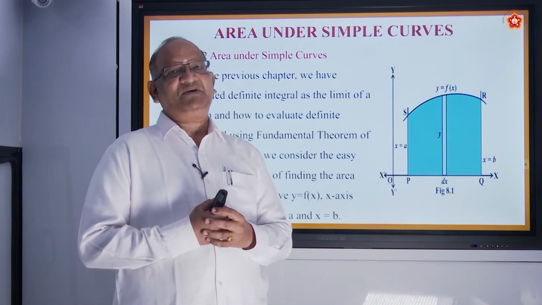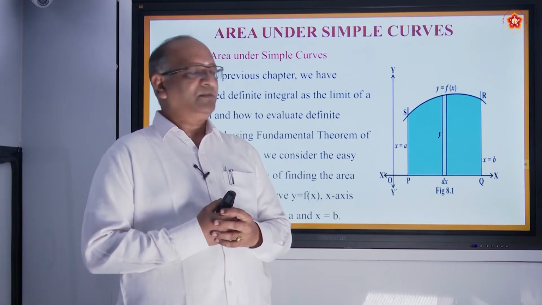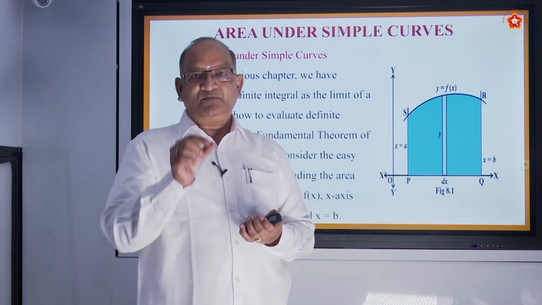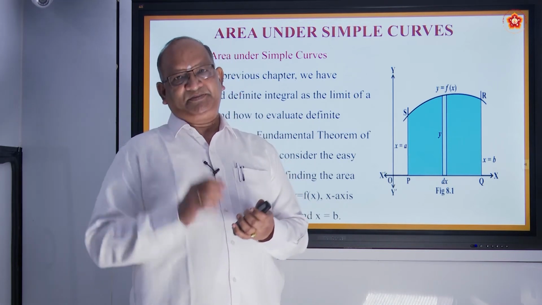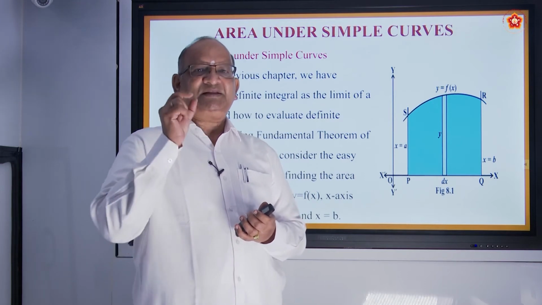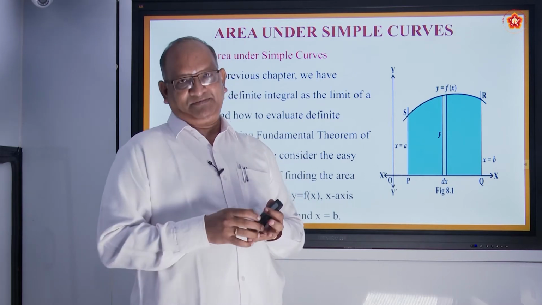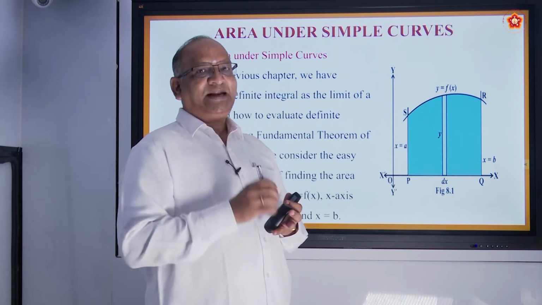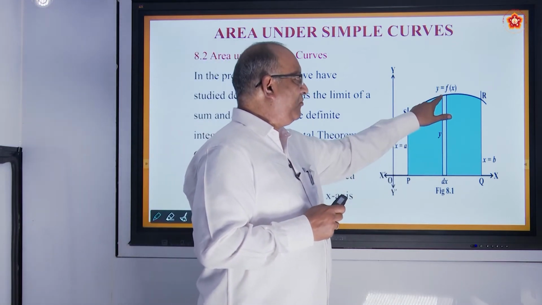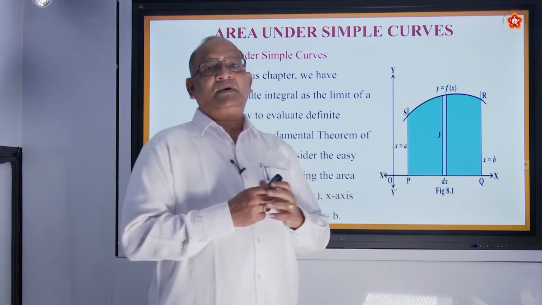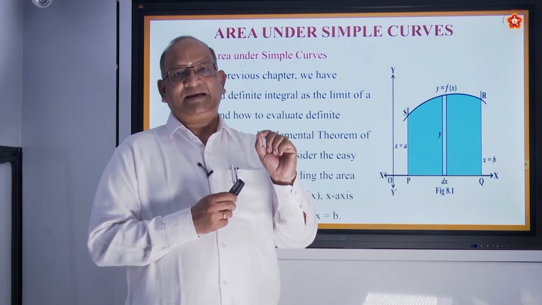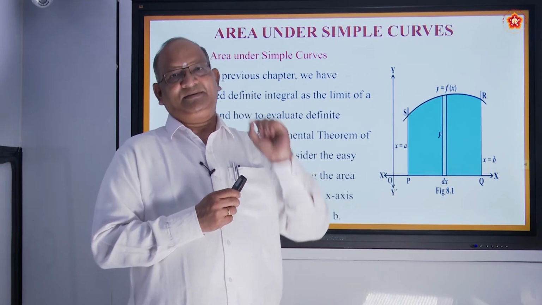So what is the procedure we are following? The procedure which we are following is a very simple one. This whole area we are trying to divide into a number of very thin strips. What happens if the strip is very thin? The advantage is that when the strip is very thin, what you find here as a curve becomes more like a side.